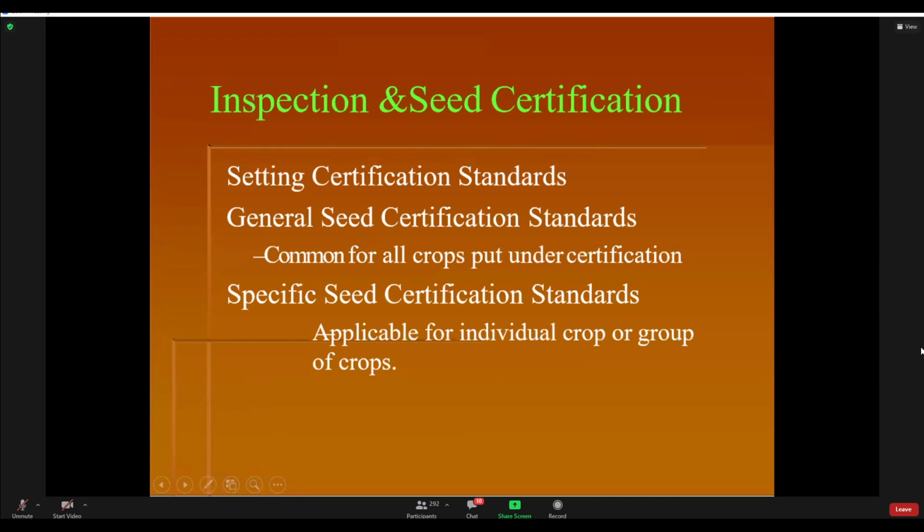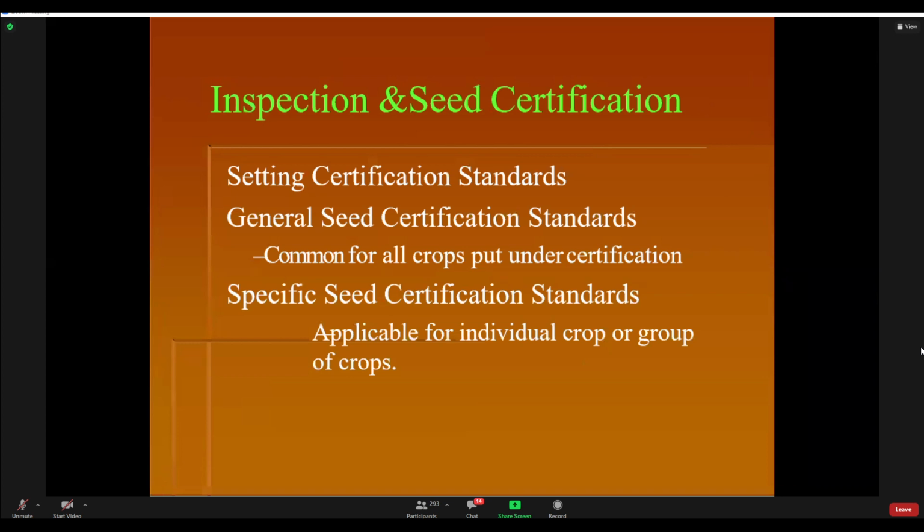We call general seed certification, and specific seed certification standard. Specific means it is very specific for a single crop or for a single disease.